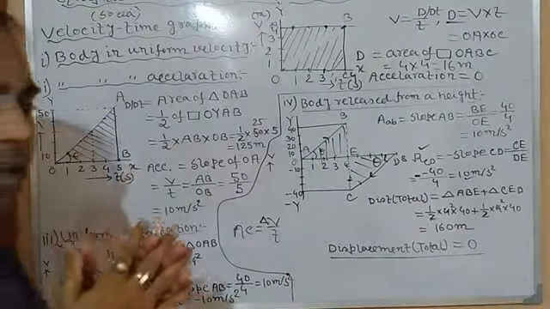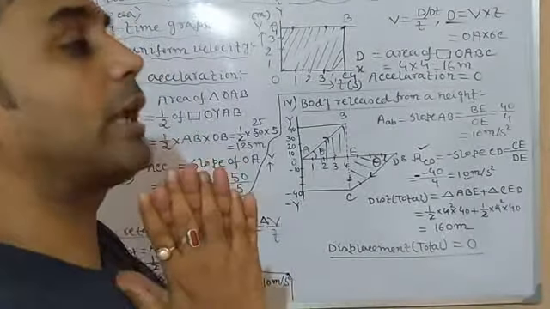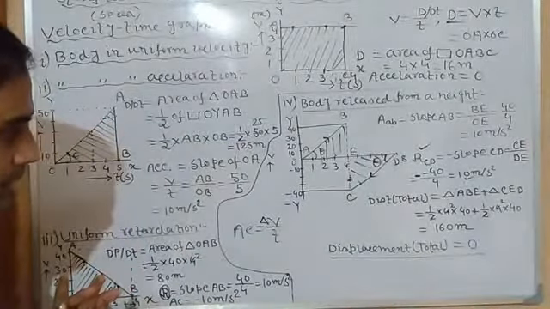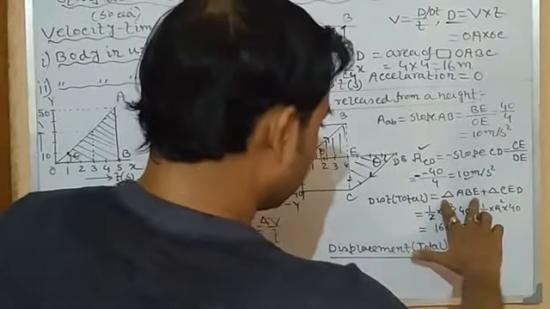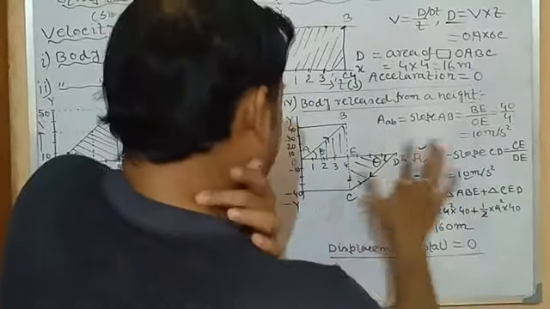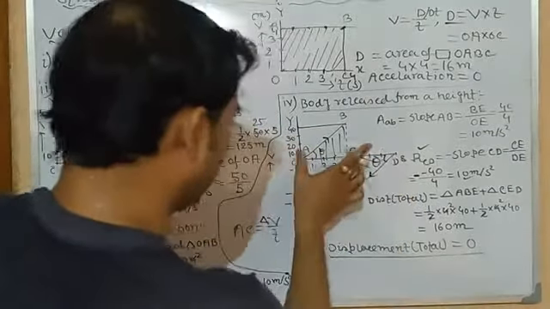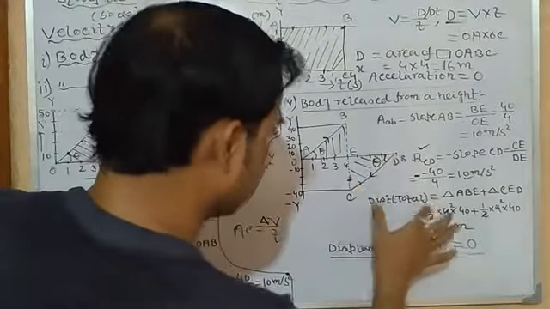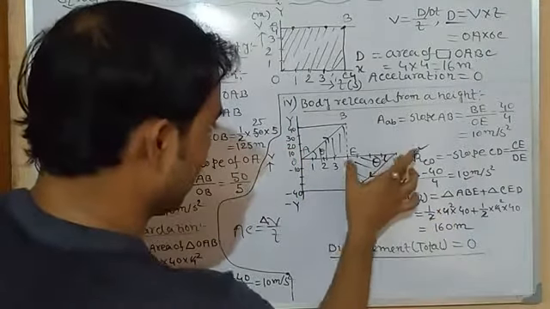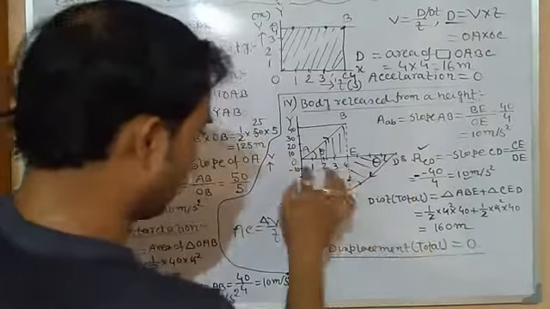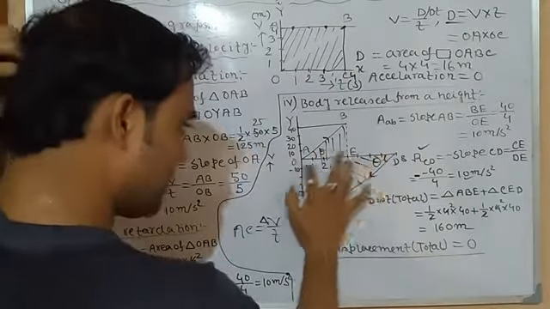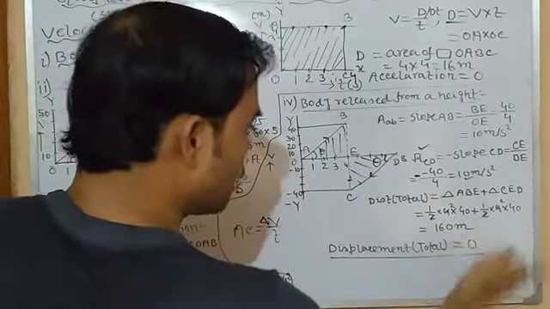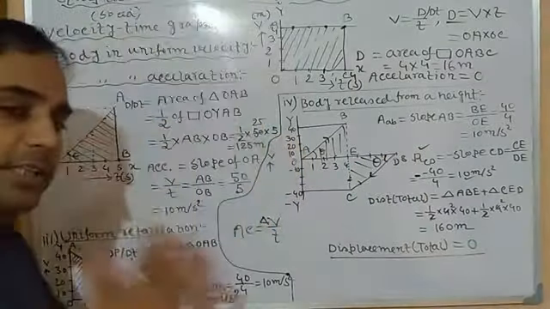Since distance doesn't have any direction, we will add them without considering the sign. So the area of triangle ABE plus the area of triangle CED, half into base into height, half into base into height, 4 into 40, 4 into 40. How come it's 4? 8 minus 4 is equal to 4. Here it is from 0 to 4, but in case of ED, 8 minus 4 comes 4. So total 160 meter.